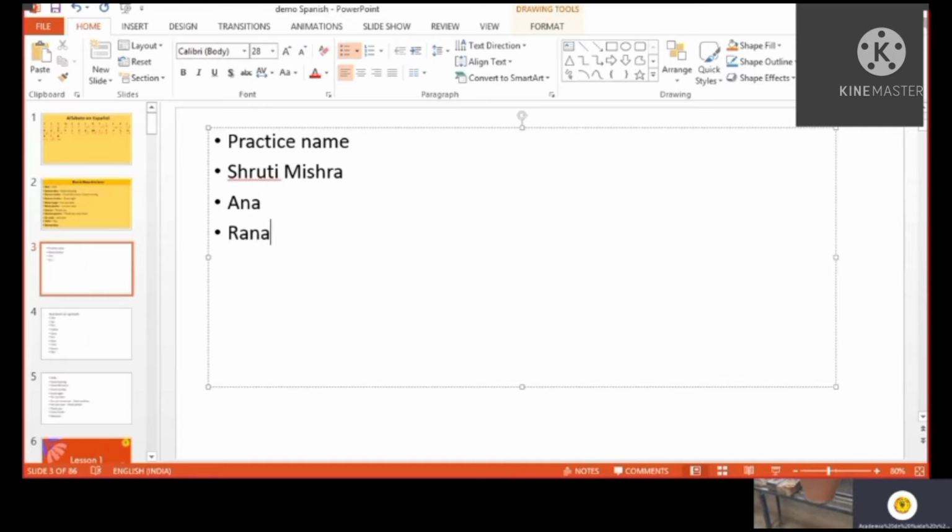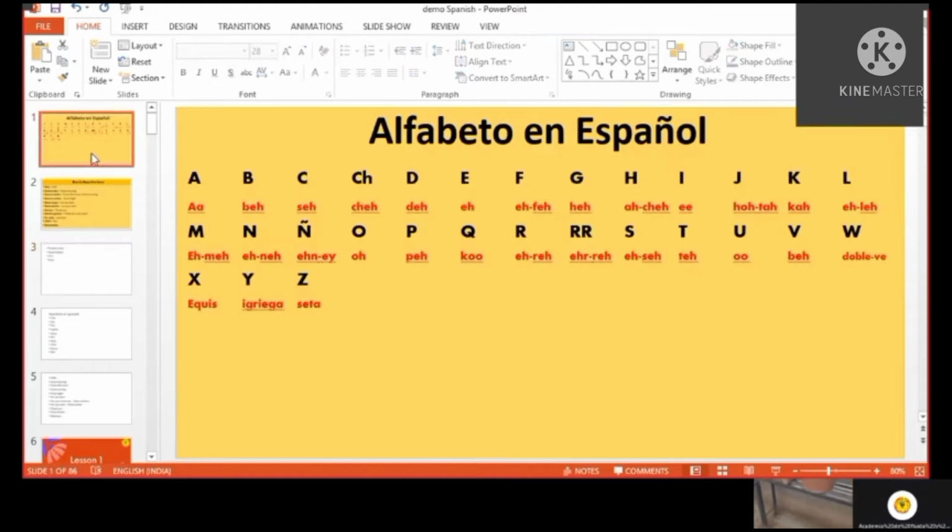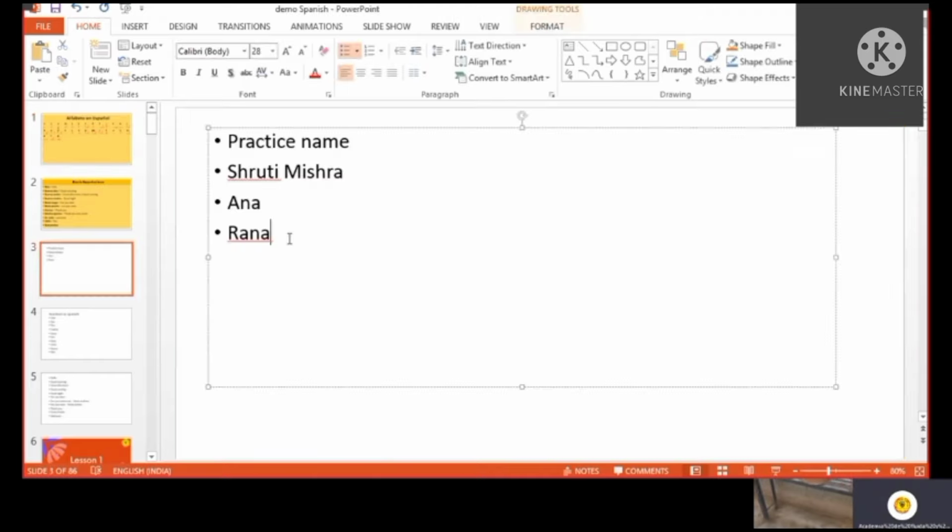Next is Rana. I have to look into the letters first. I cannot recall every letter right now. I have to learn the letters first. So Rana is Erre, A, N, A. Muy bien. Very good.